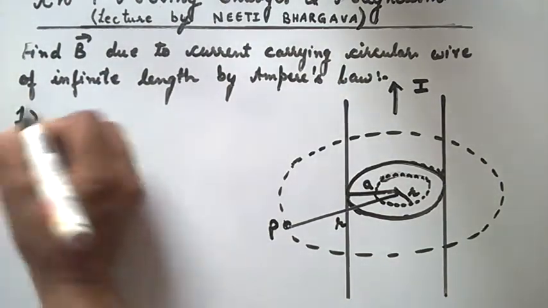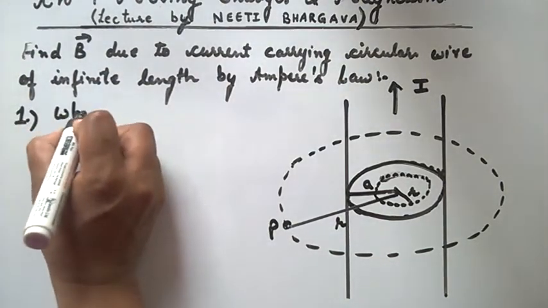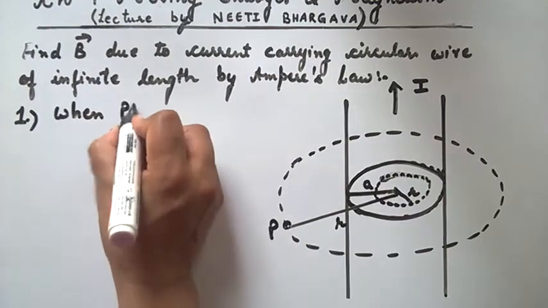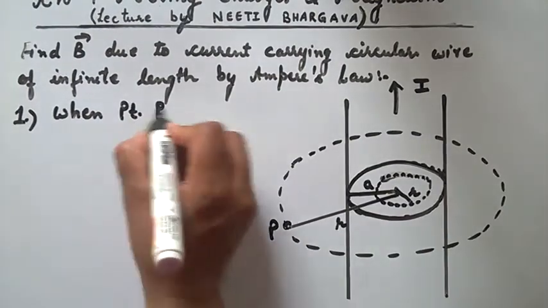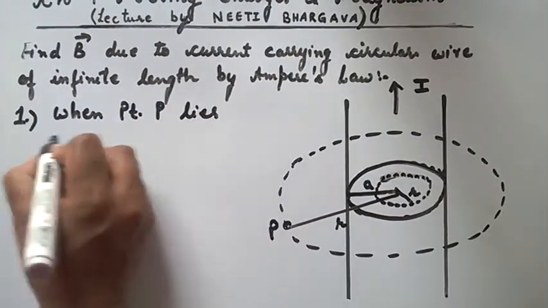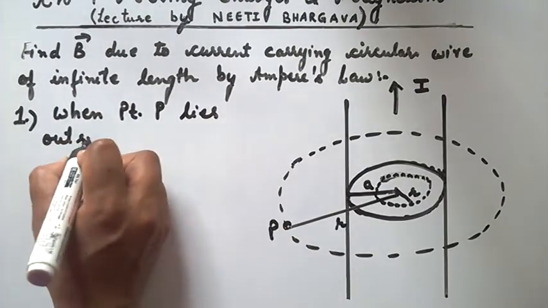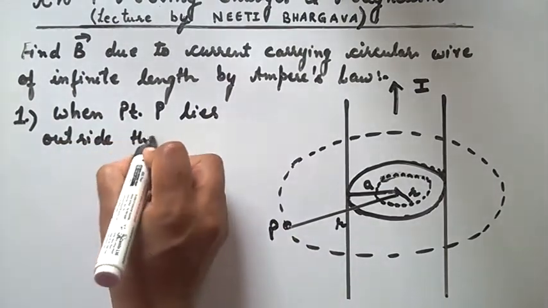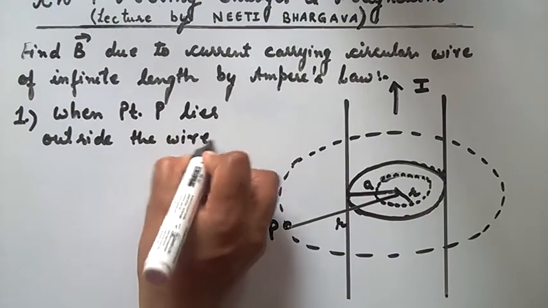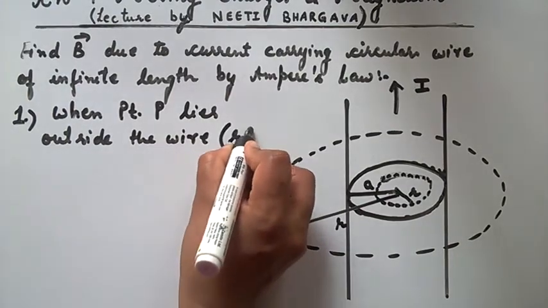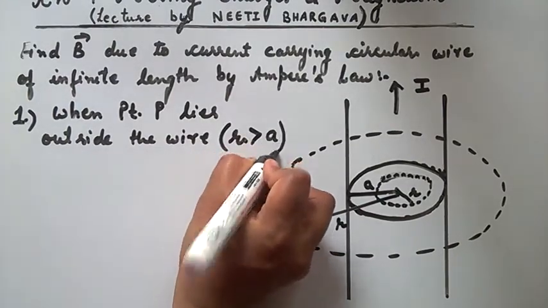First is when point P lies outside the wire. That is, radius is greater than the radius of the straight wire.